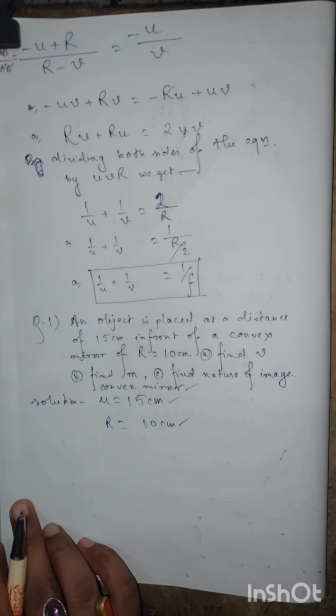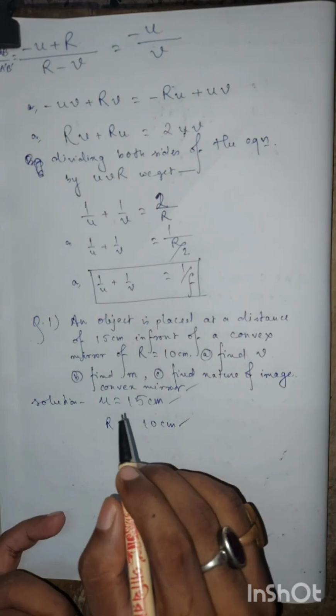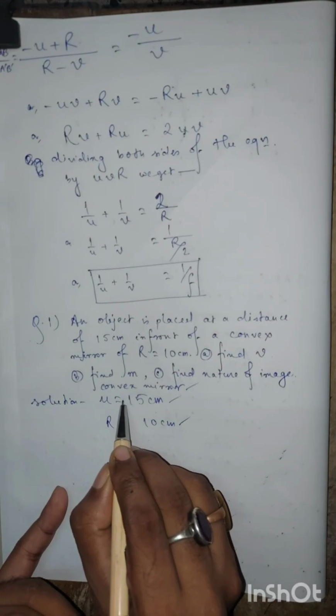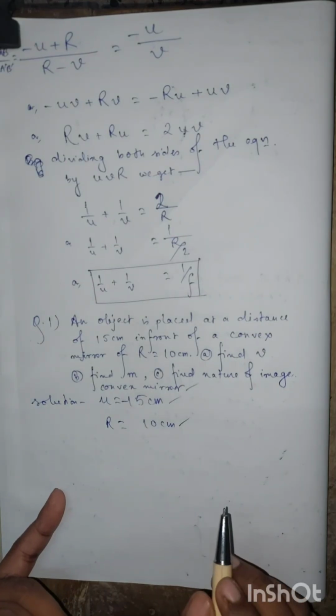But we know for a convex mirror the object distance is negative. So u should be taken minus 15 centimeter.